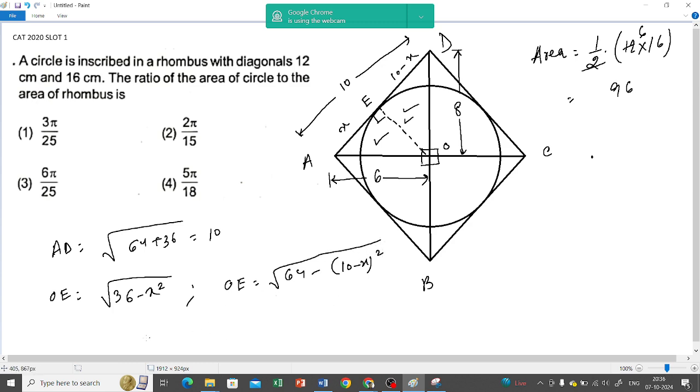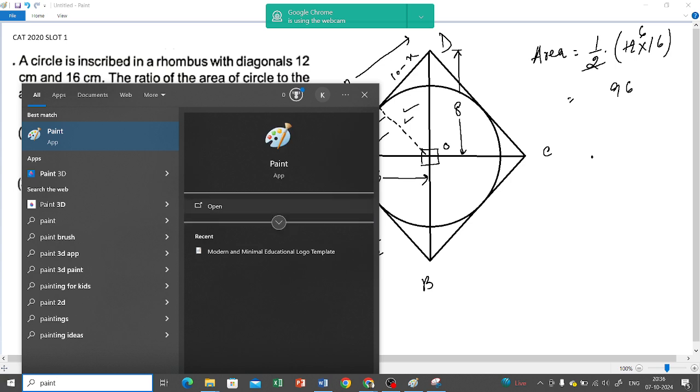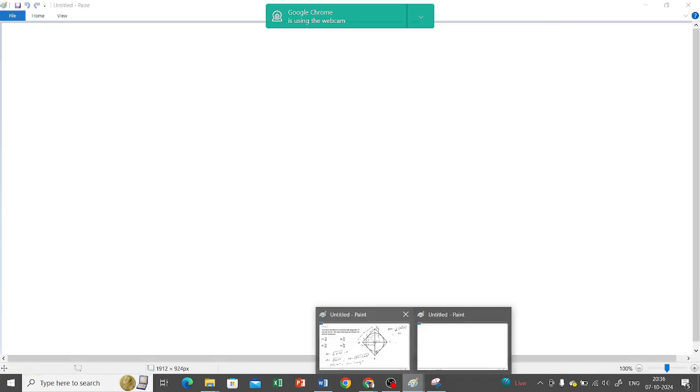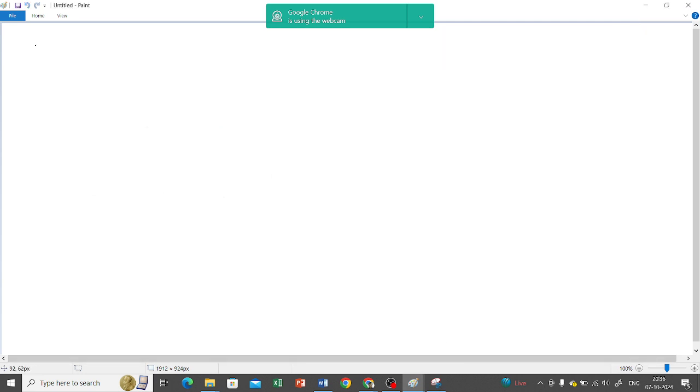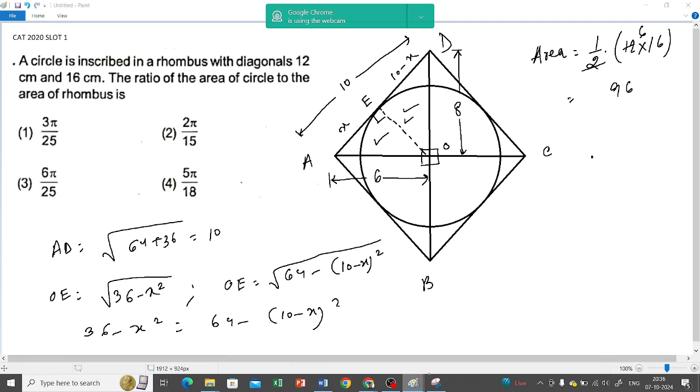Now both of these are equal, and if I just square both, 36 minus x square is equal to 64 minus (10 minus x) whole square. Now what is (10 minus x) whole square?